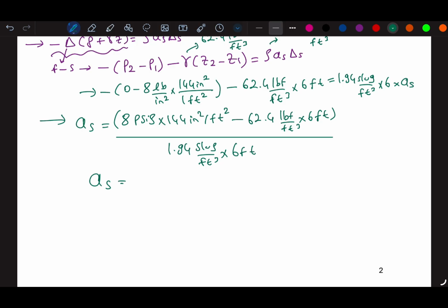And this gives upward acceleration as 66.8 feet over square second.